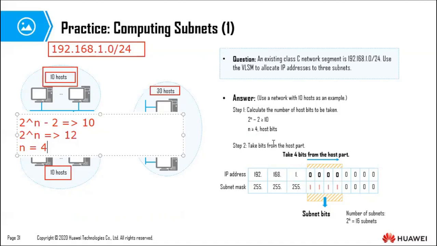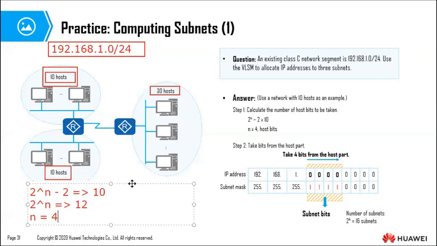So that's what we are doing here. We are converting these 4 zeros into ones. So when we do that, how many subnets are we going to create from there? We are going to create 16 subnets.